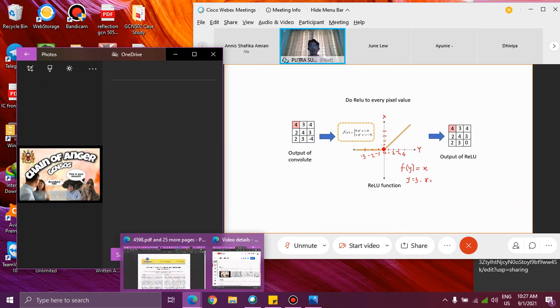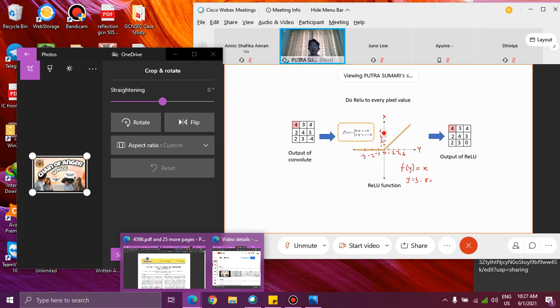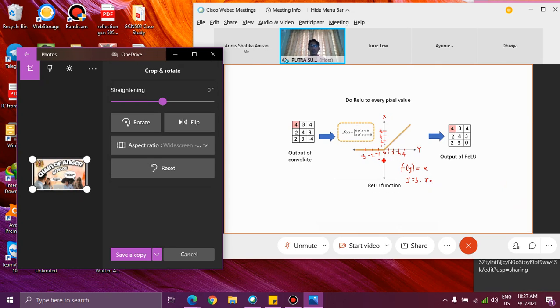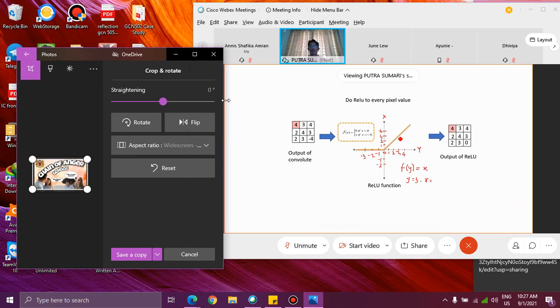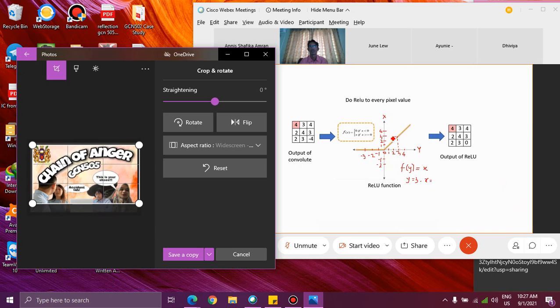So 0, you also got 1, 2, 3, 4. Here also got 1, -1, -2, and so on. So y is equal to 3 here, so it becomes 3, yes.